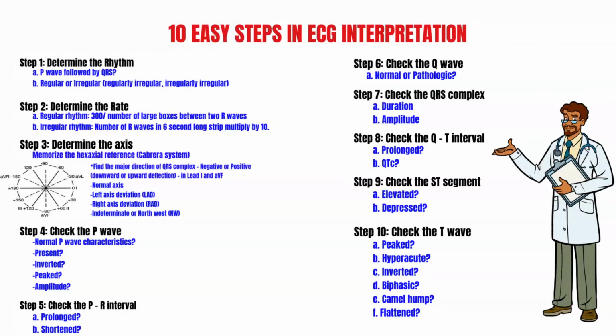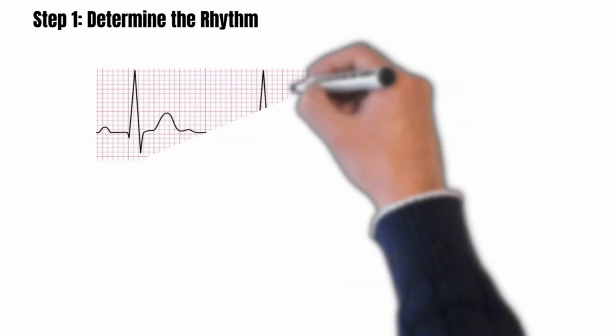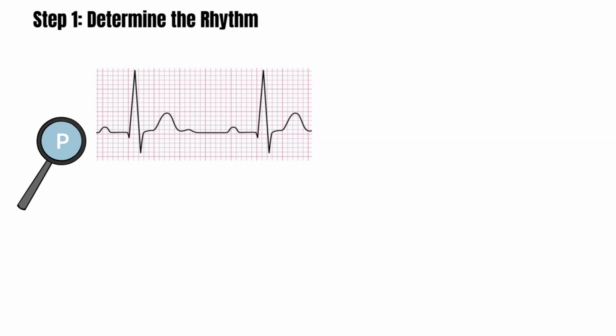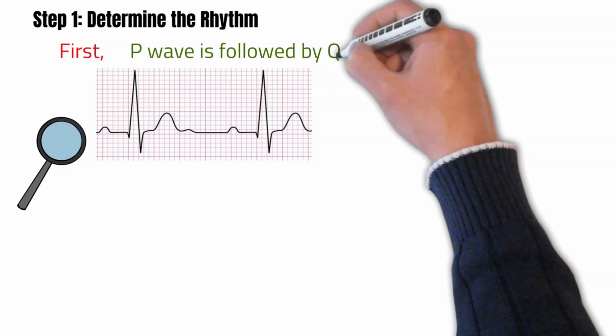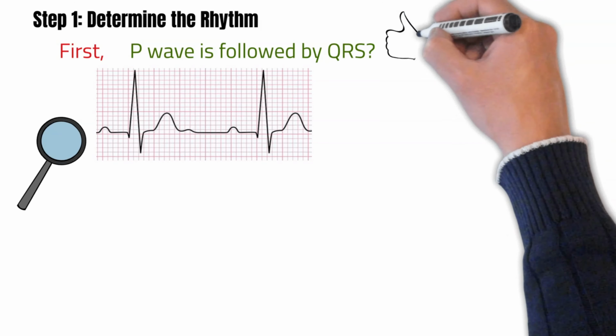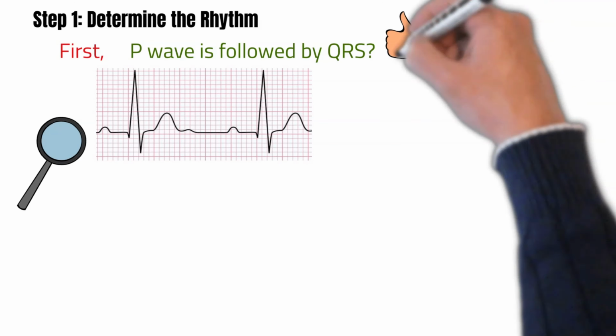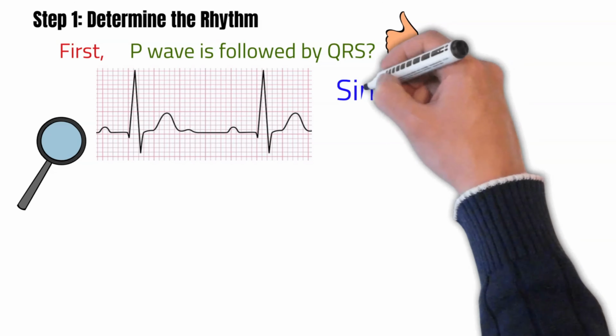Step number 1 is to determine the rhythm. When determining a heart rhythm, you should look for P waves, which are a sign of atrial excitation. When every P wave is followed by a QRS complex, the ECG shows sinus rhythm.